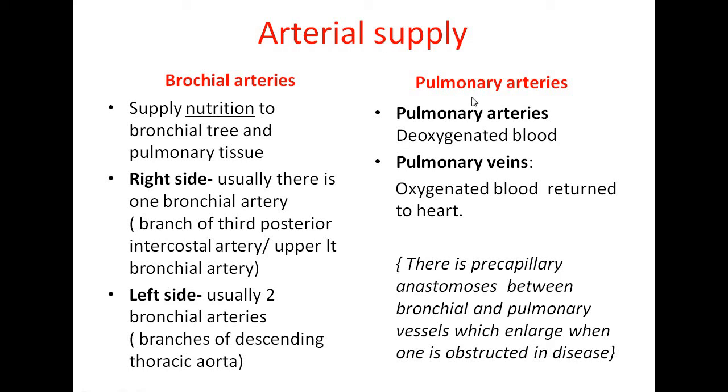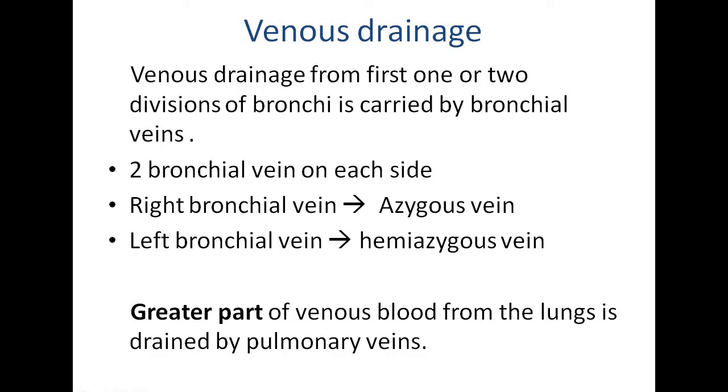Now the pulmonary arteries carry deoxygenated blood to the lung. This is oxygenated and then returned to the heart by means of the pulmonary veins. There is a precapillary anastomosis between bronchial and pulmonary vessels which enlarges when one is obstructed in disease.